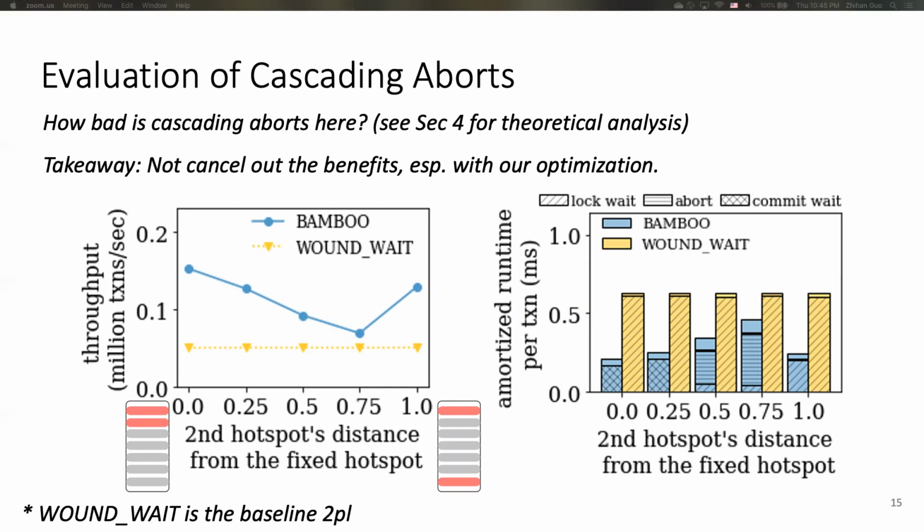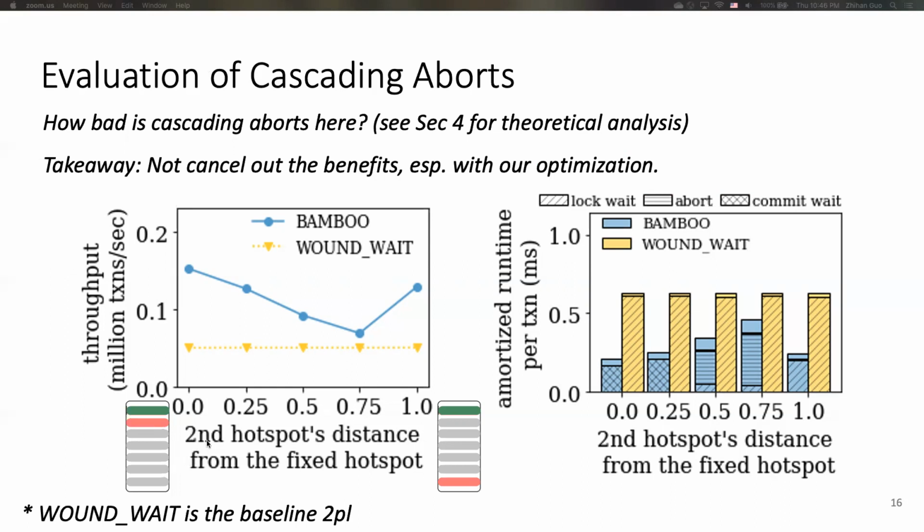We run a set of synthetic workloads, and in each of the workloads, all transactions are of the same type. They all access two hotspots. In a set of the workloads, we always fix the first hotspot access at the beginning of the transaction and change when to access the second hotspot in different workloads.